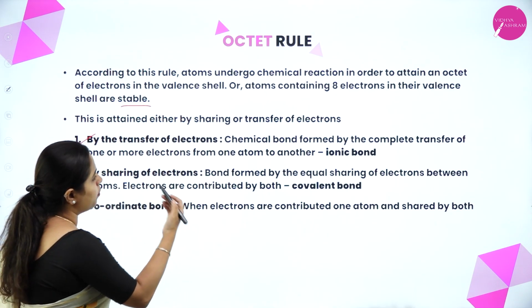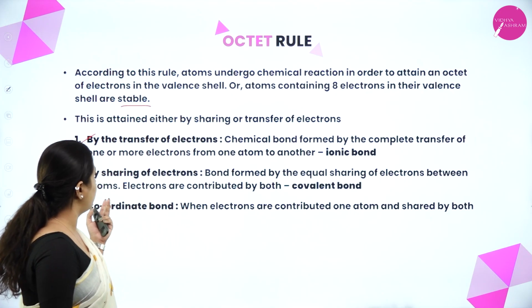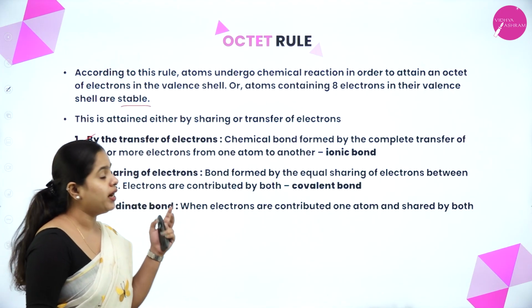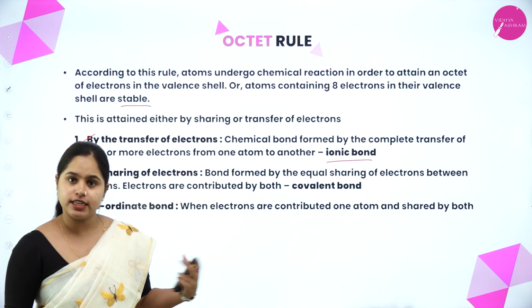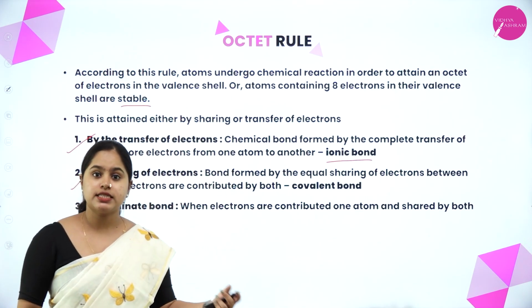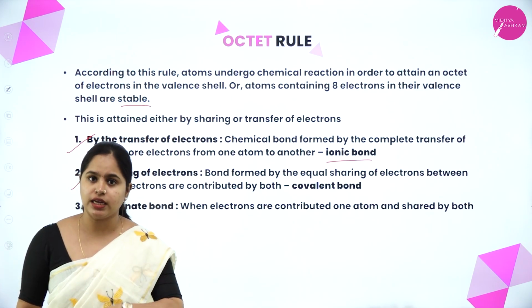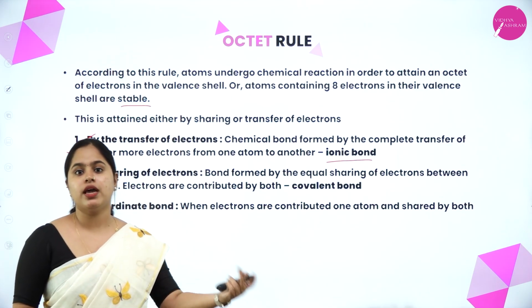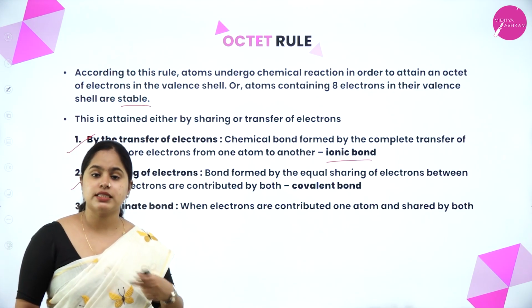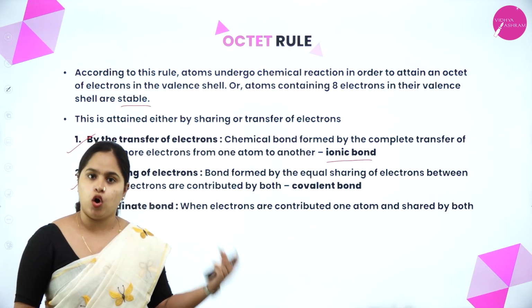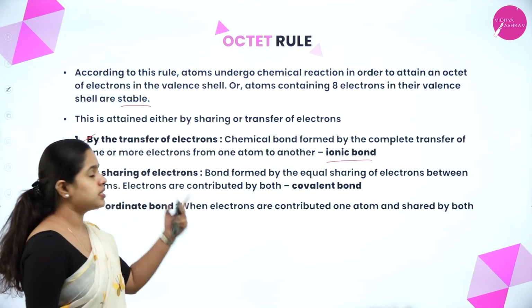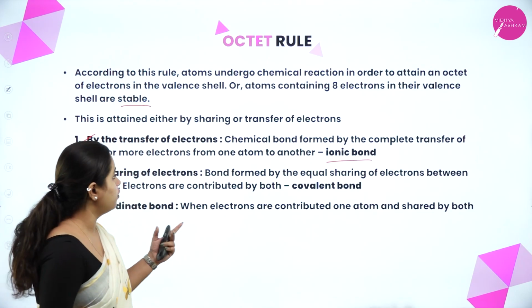A chemical bond formed by the complete transfer of one or more electrons from one atom to another is called an ionic bond. We have already studied ionic bonds. Electrons are transferred from one atom to another atom, and that way a chemical bond is formed, so that both of them attain stability, or both of them attain an octet.